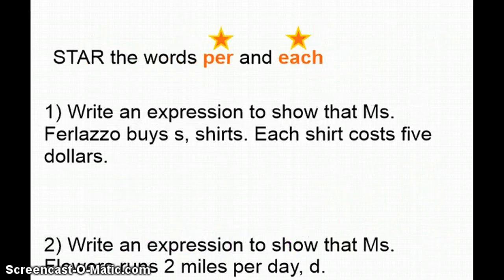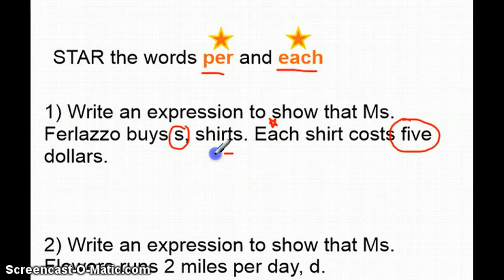Okay, every time you see the words per and each, I want you to put a star over it when we're going from verbal to algebraic. Let's look at an example. Write an expression that shows that Miss Filazzo buys S shirts. Each, so we're going to star each shirt costs $5. Okay, so we need to know how much money she spent.